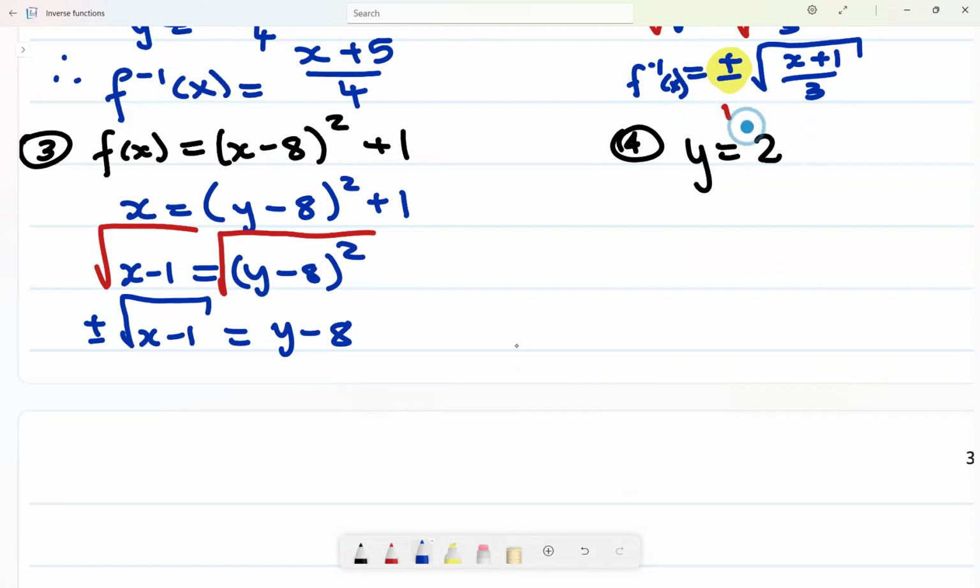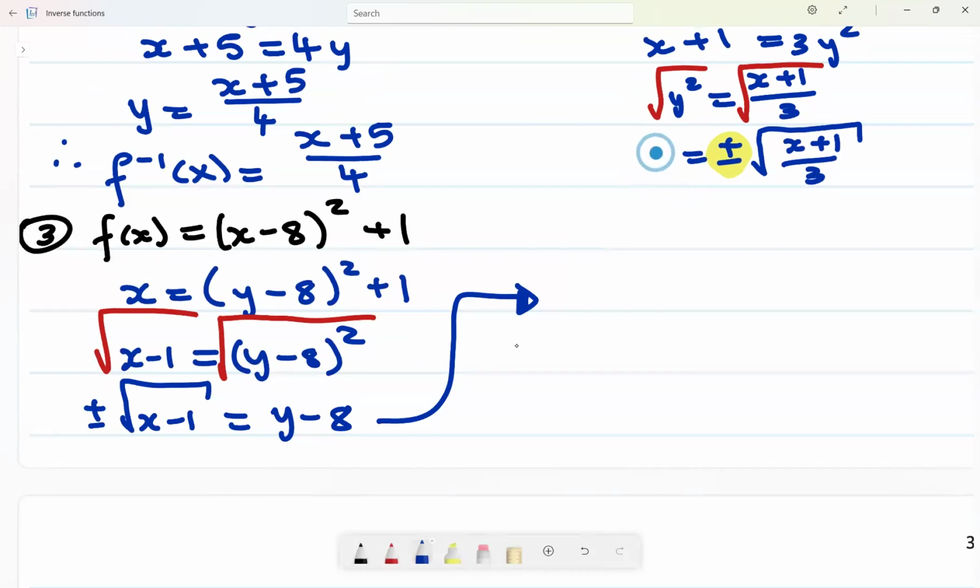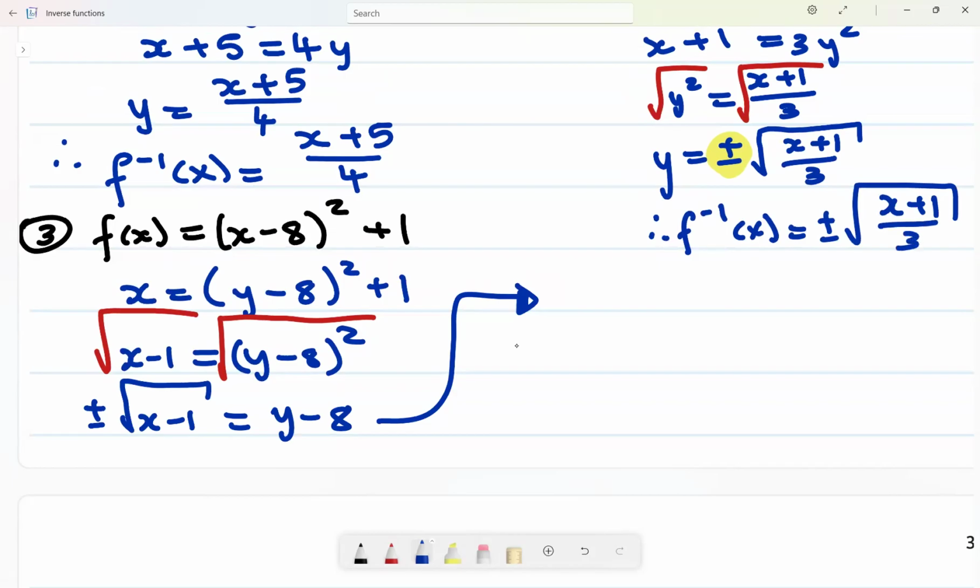Y minus 8, or this one I want to do on the next page where I'll be explaining some few things. Then when I continue like that, let me say here it is y, it is equal to that, therefore inverse of x is equal to plus or minus the square root of x plus 1 divided by 3.